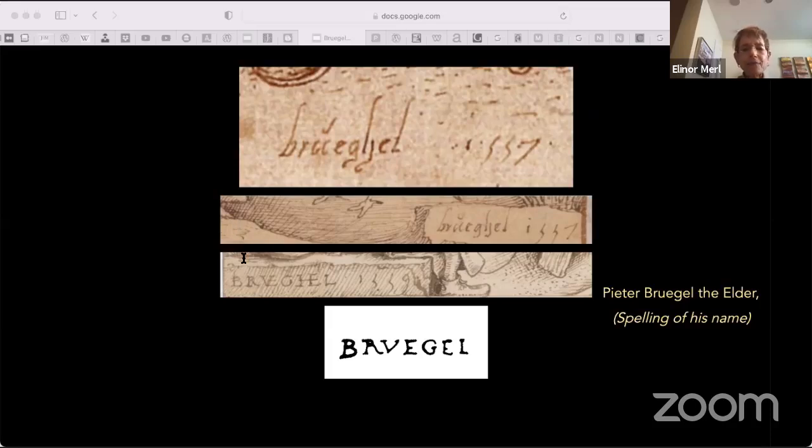Now, it's stating the obvious, but what this shows us is that Bruegel couldn't make up his mind when it came to spelling his name and signing his works. Up until 1559, that is. For from that date, he went as Bruegel without the H in caps. And the reason for this change is a simple one.